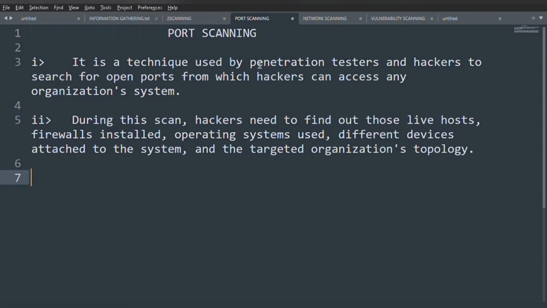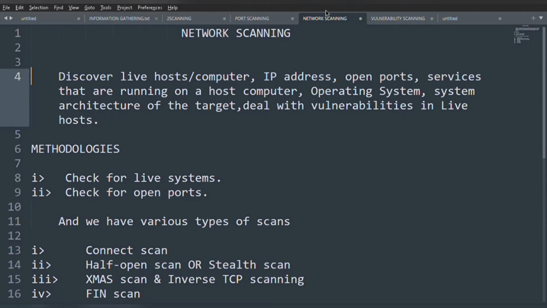Coming to network scanning, it is used to discover live hosts or computers, IP addresses, open ports, services running on the host computer, the operating system architecture of the target, and vulnerabilities in live hosts.